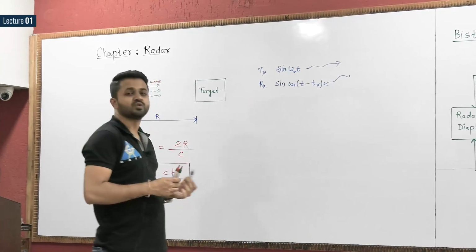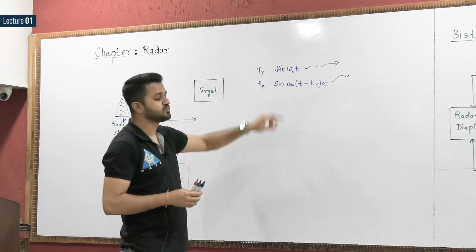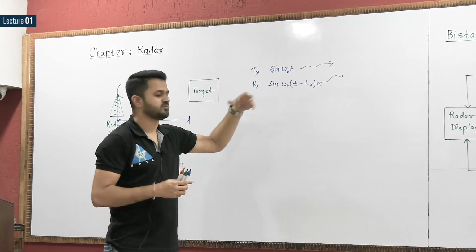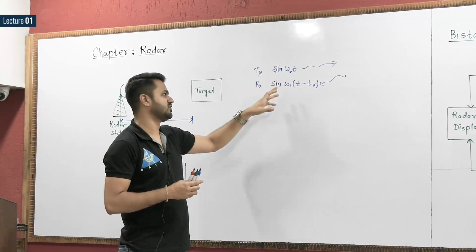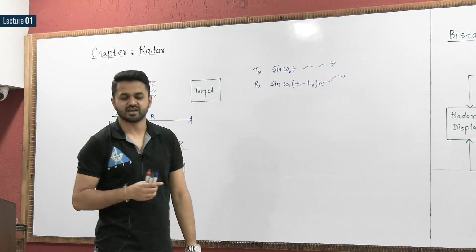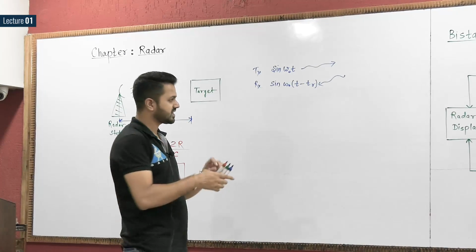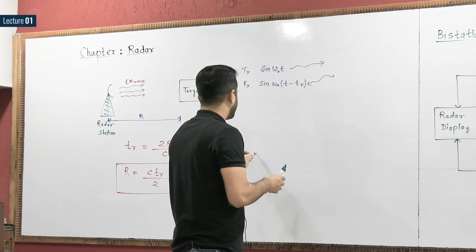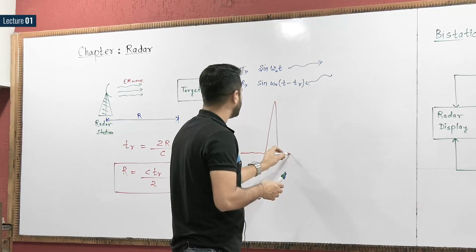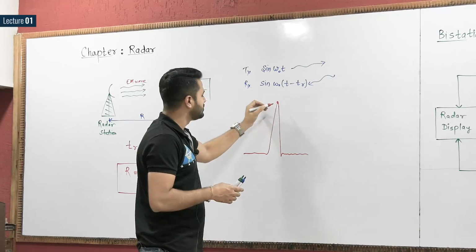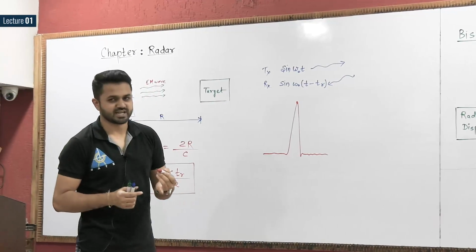Now when you take the correlation between these two using MATLAB, plotting sin omega naught t and sin omega naught (t minus tr) with the correlation function, you will see some peak value. This peak value gives you the location of the target.